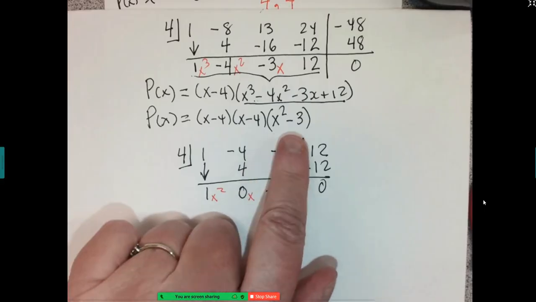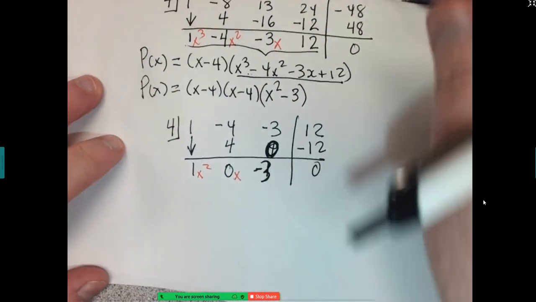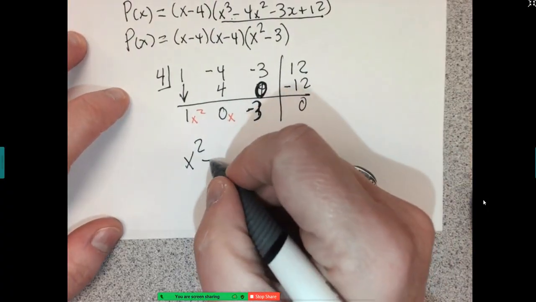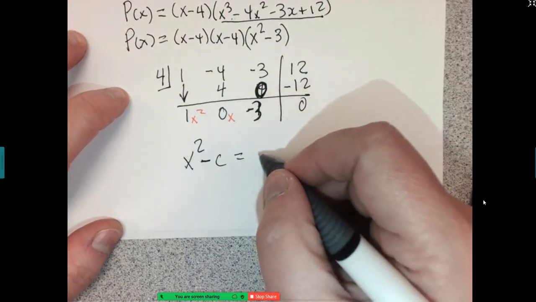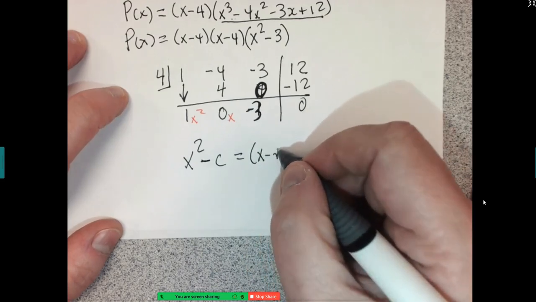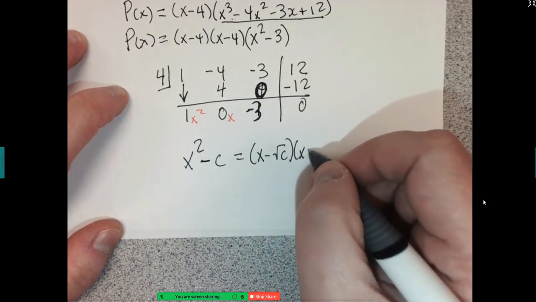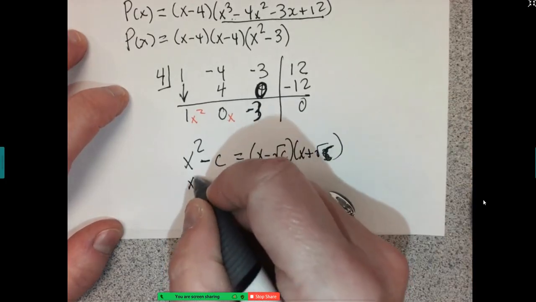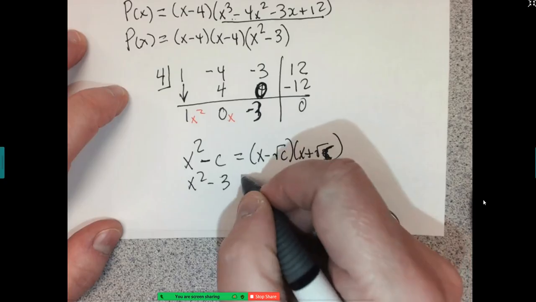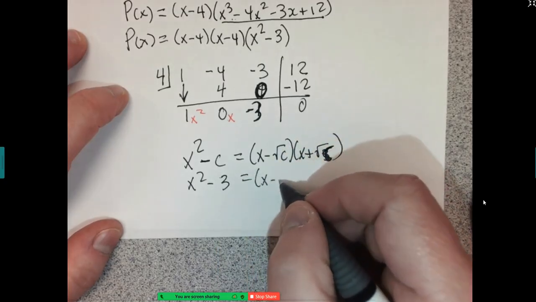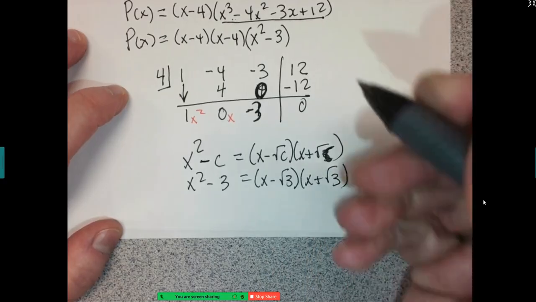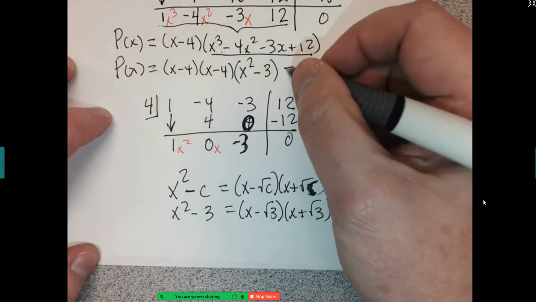Okay, now it's been said before, if you have x squared minus a number, that always factors as x minus the square root of c times x plus the square root of c. So if I have x squared minus 3, I can factor that. And so that's what I'm going to do here.